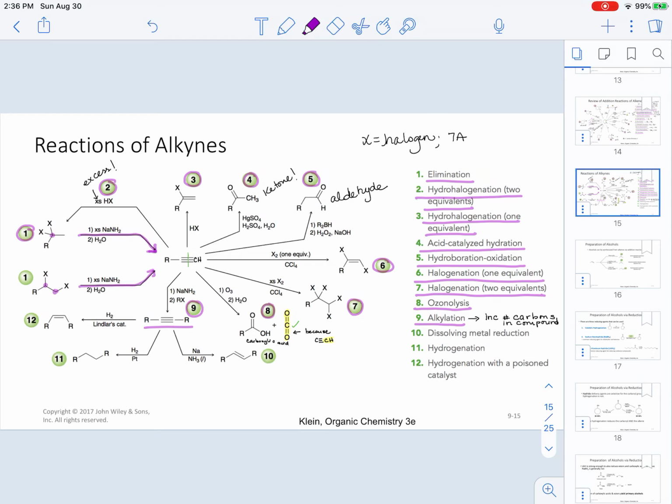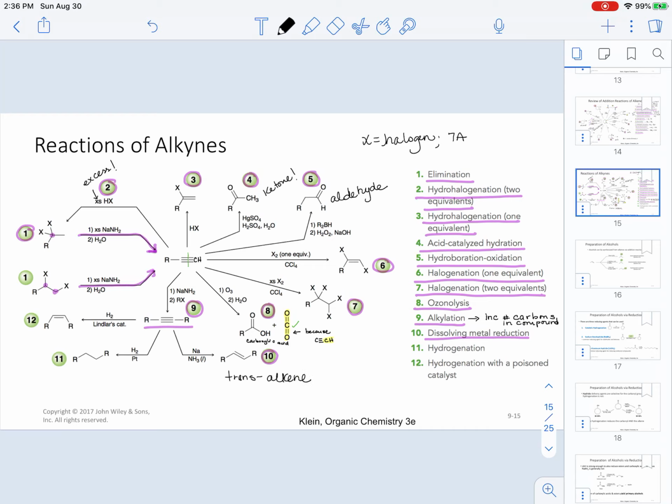The next reaction that we have is reaction 10, which is the dissolving metal reduction. When it comes to the dissolving metal reduction, understand that the alkyne is going to be producing a trans alkene.